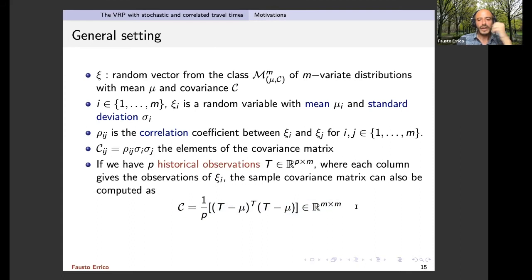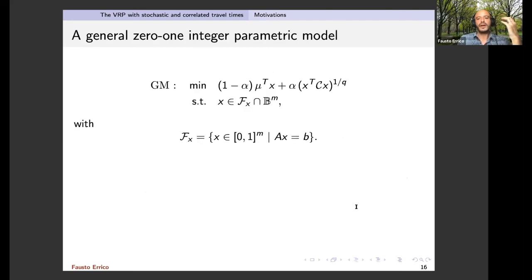Okay, so this is the general setting. The general model that we focus on is the following. We aim at minimizing two components. One is a linear component, linked to the mean of the random variables.